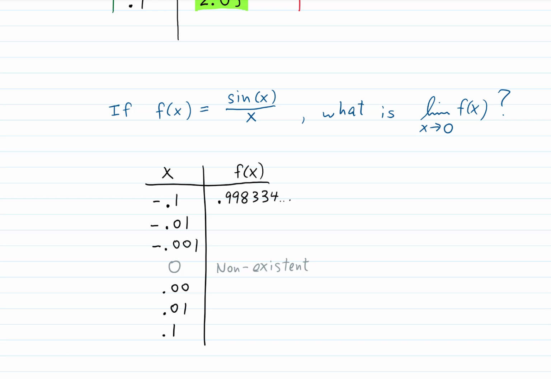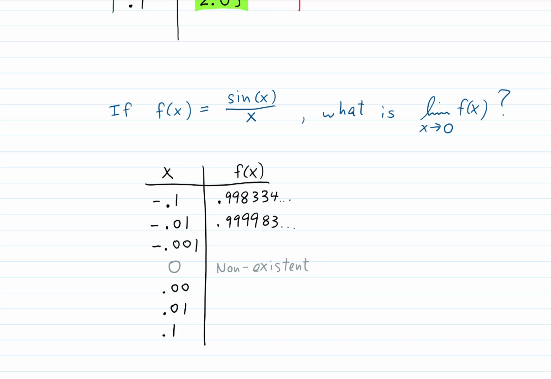Now let's plug in negative 0.01. So that's sine of negative 0.01 divided by negative 0.01, and we get 0.9999, 4 nines, 83.